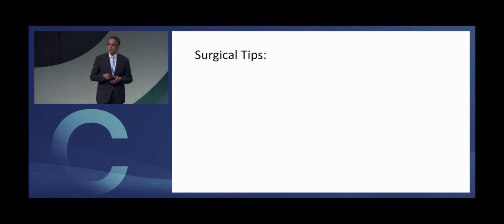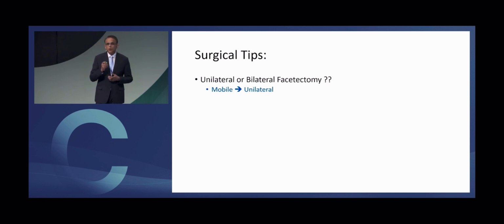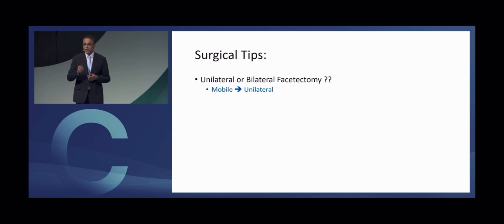Then come certain tips in MIS-TLIF which can give you much better lordosis than we would generally expect. So whether you want to do a unilateral or a bilateral facetectomy to achieve good lordosis. If your segment is mobile, even after doing a single-level facetectomy, sometimes the segment becomes very loose. Those cases would not need a bilateral facetectomy.